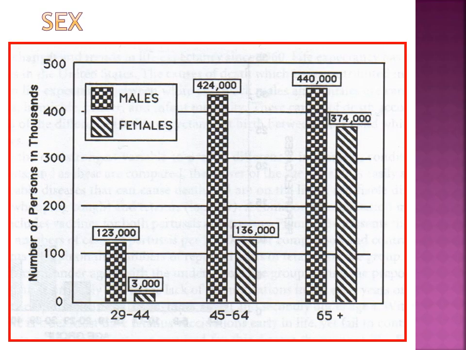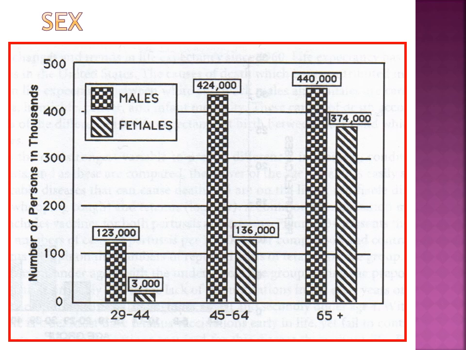This graphical representation shows the distribution of the disease according to the sex of the person affected. There are two columns, one denoted for males and the other for females. It shows that in almost all age groups, males are more affected than females.